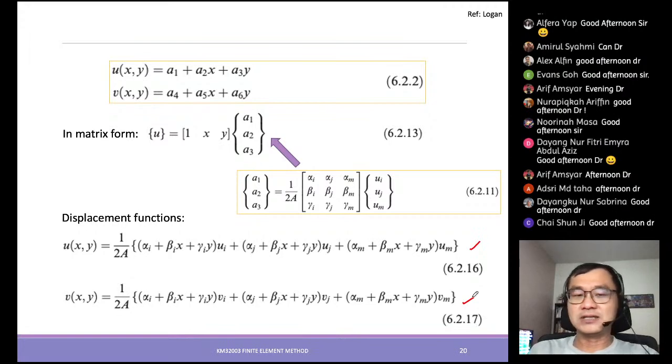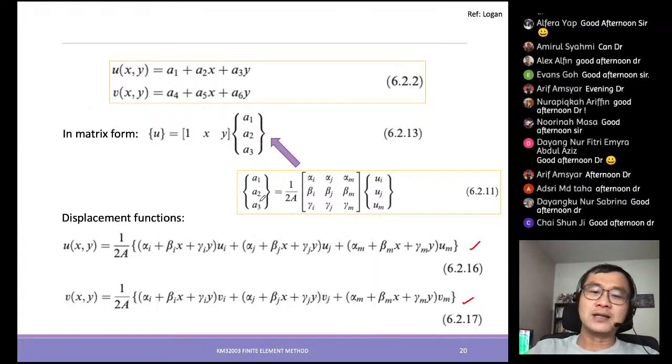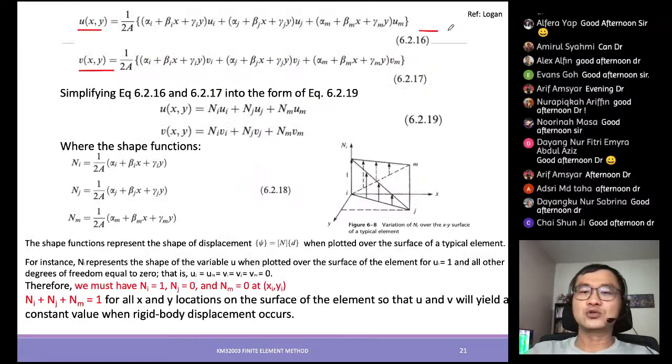So it's a very straightforward idea. You can always expand it for V as well, which involves A4, A5, and A6. U involves A1 to A3, and V involves A4, A5, and A6. So you get these 2 complete displacement functions.